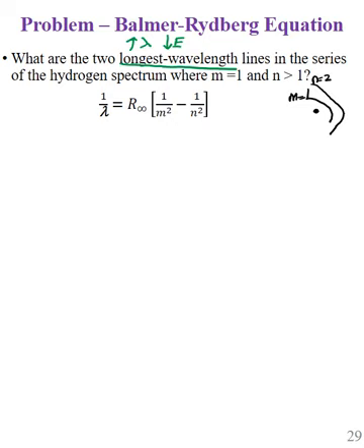And then because you want to find 2 of them, you're going to go from 2 to 1, as well as from 3 to 1. So you have to find the wavelengths associated with both of these. I want you to go ahead and try this problem. We'll see if you're right when you get to class.